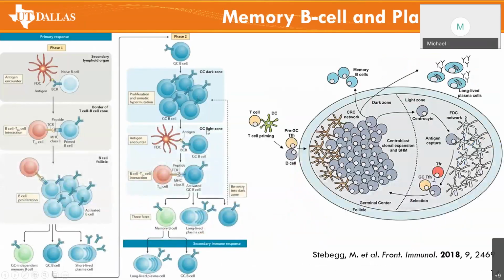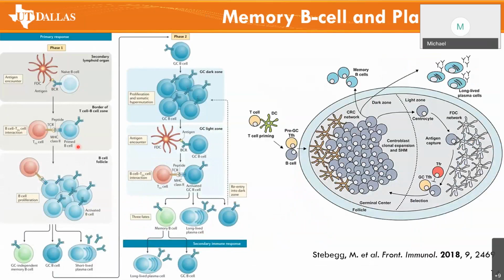So now we're going to talk about how plasma cells and memory B cells are produced. We talked about the B cell being activated by dendritic cells, then talking to the T follicular helper cells.